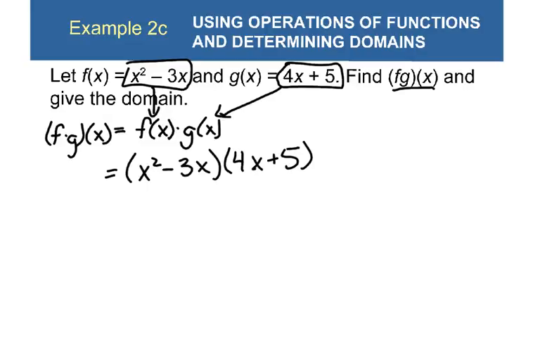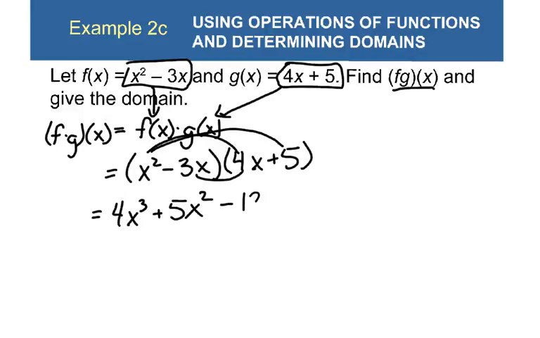All right, so let's FOIL this real quick. This ends up giving us that times that, 4x cubed, that times that, plus 5x squared. The inner functions, minus 12x squared.